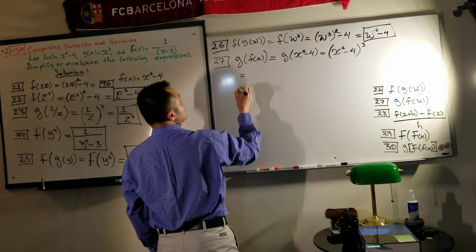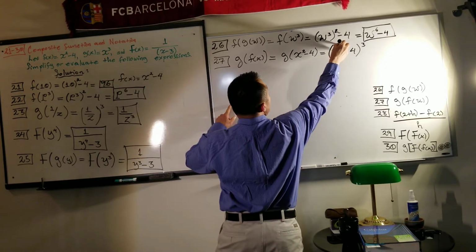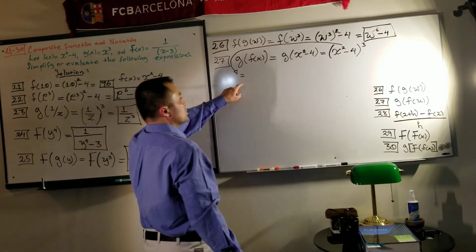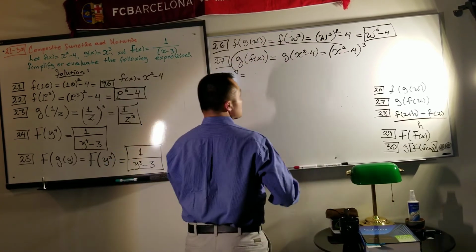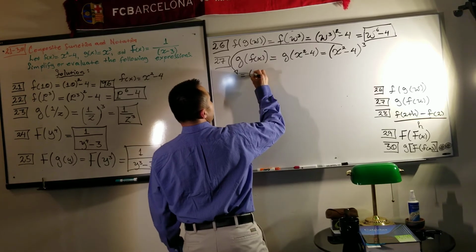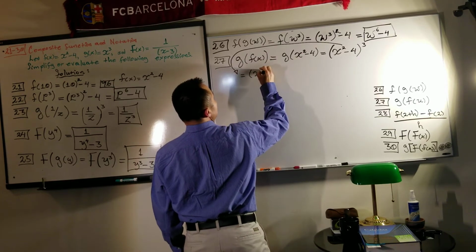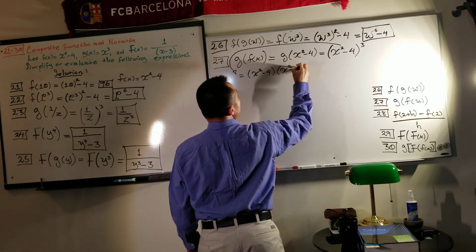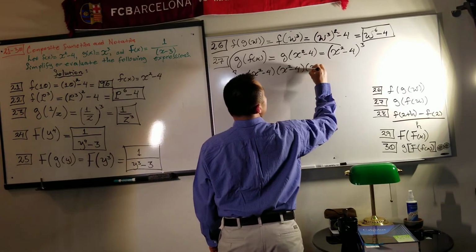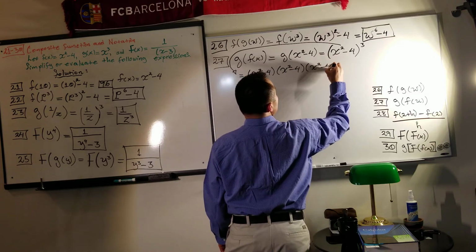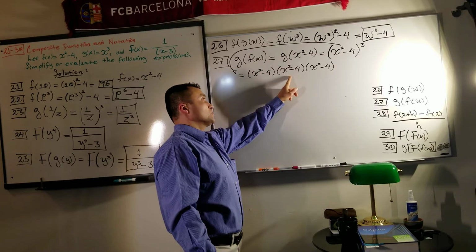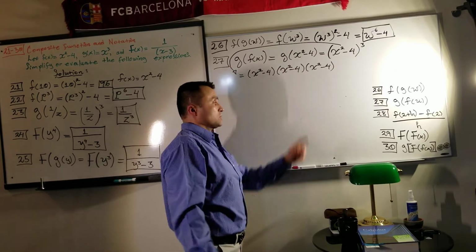And this is going to be equal, we're going to continue right here, guys. Okay? And this is going to be equal to x squared minus 4 factor of x squared minus 4 factor of x squared minus 4. So we can basically multiply this expression with this, and then the result multiply with this.